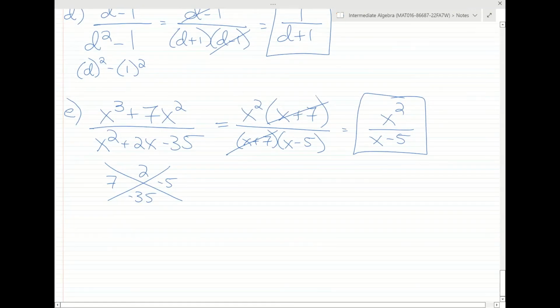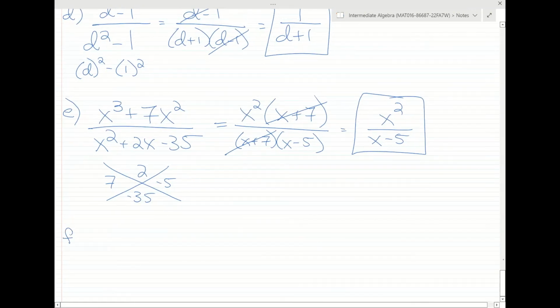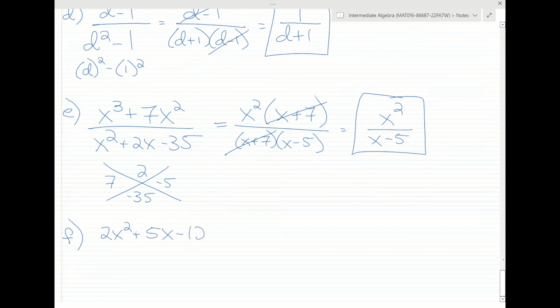One more. What if we had, say, 2x squared plus 5x minus 12 over 2x squared minus x minus 3.